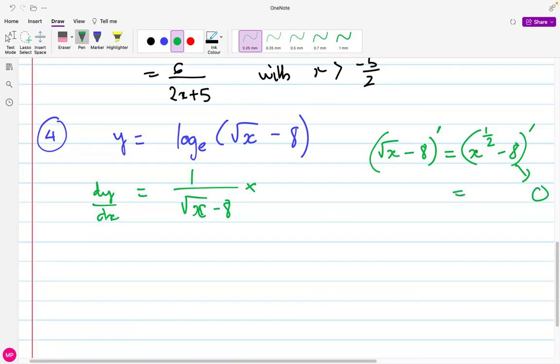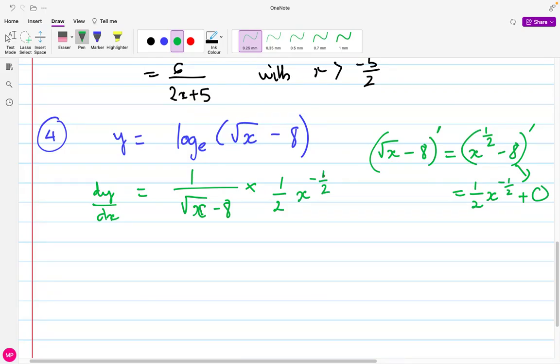Now, to find the derivative of x to the power of half, you apply the power formula. So half, you bring it down, and then x, and you take 1 off the power. So a half minus 1 is negative a half. So this is the derivative of f(x). So I'm going to times by this, times by a half, x to the power of negative a half.